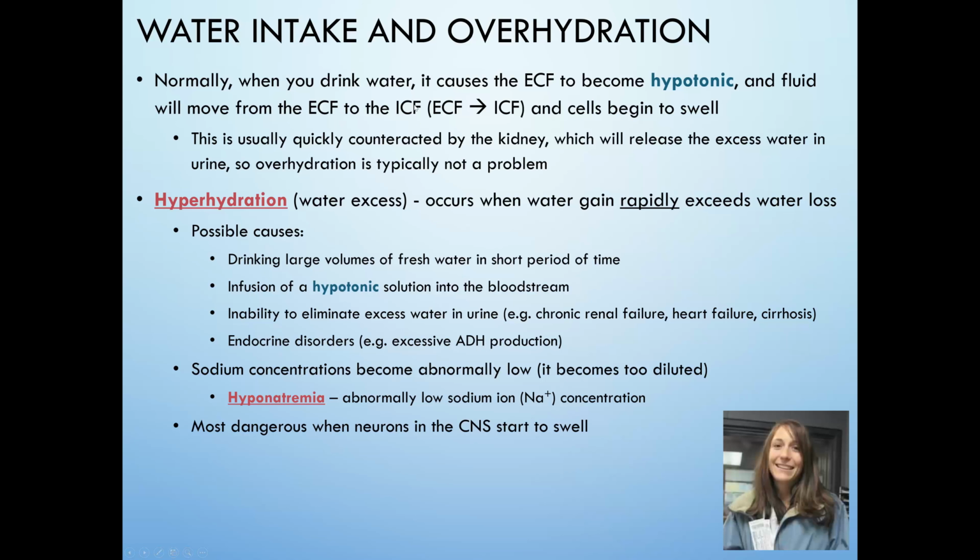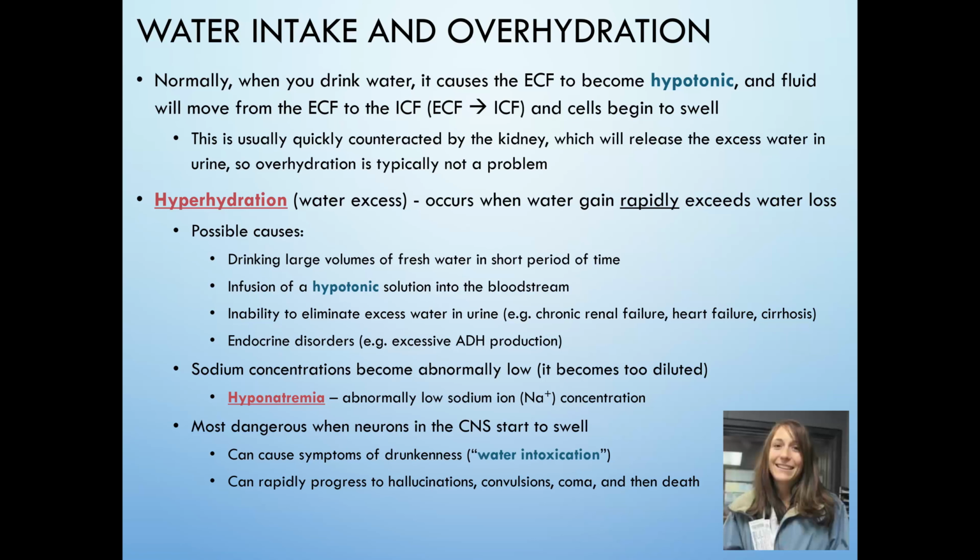Remember, fluid is moving from the ECF to the ICF in this case, which is going to cause the cells to swell. But the brain doesn't have much room to swell. So this can start off by causing symptoms of drunkenness, which is referred to as water intoxication. But then it can rapidly progress to hallucinations, convulsions, coma, and then death, as happened with the case of Jennifer Strange.